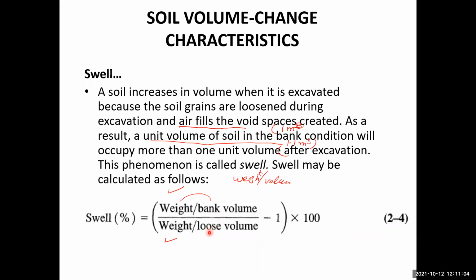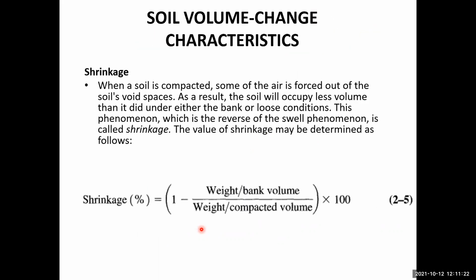In the loose volume, the weight will be less, the density will be less. So just to provide a positive answer, we have described the same formula but in a different way. So the formula is the same. Okay, so shrinkage percentage.